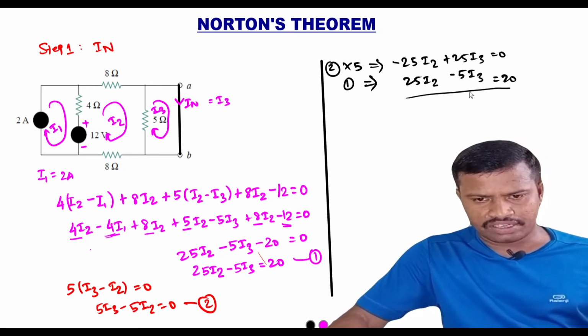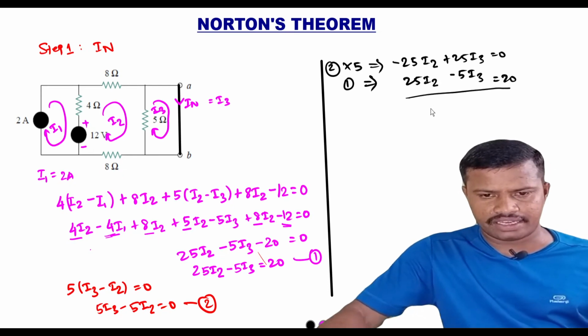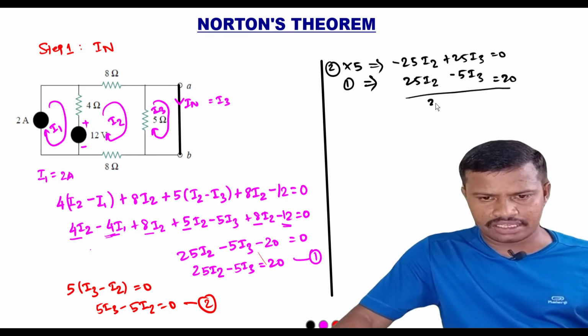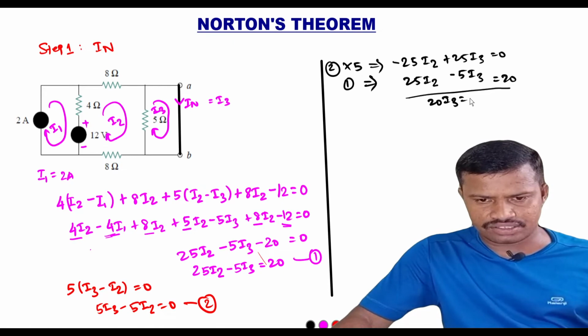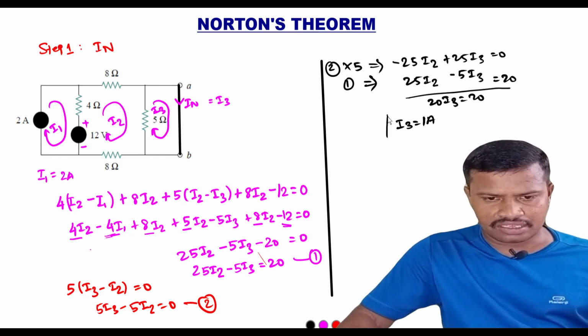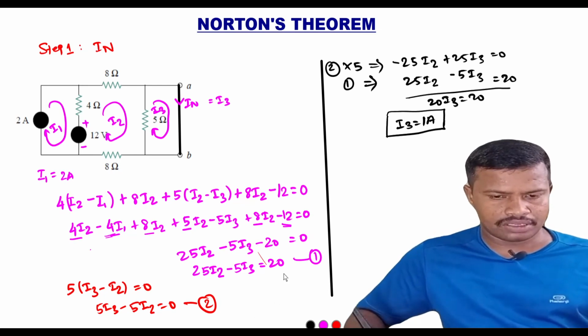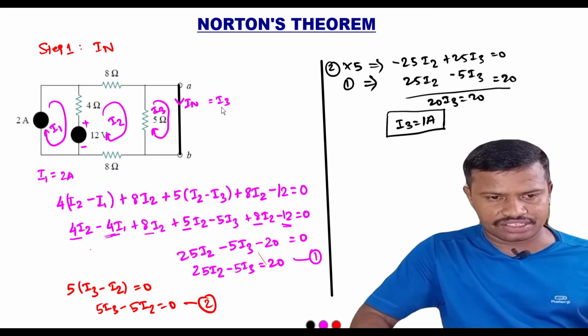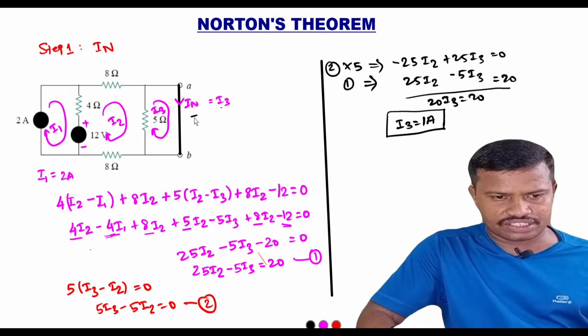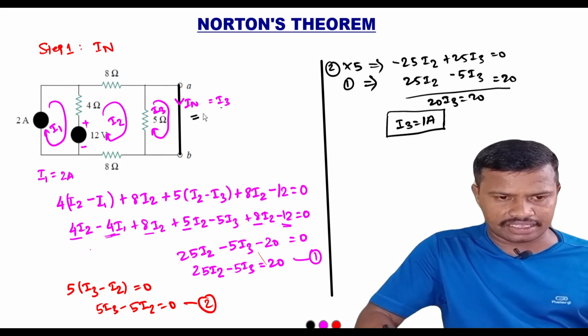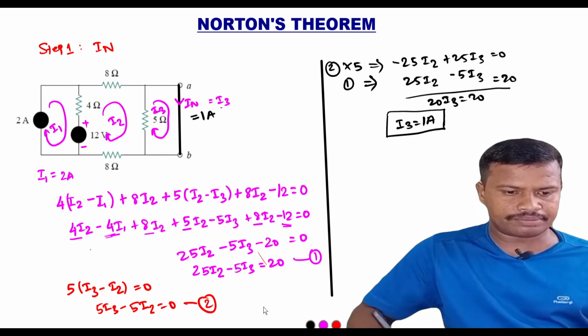When we solve this, we find 20I3 is equal to 20 and I3 is equal to 1 amp. Now we have found I3 equal to 1 amp. We know that I3 is equal to IN. So the short circuit current IN is equal to 1 ampere.